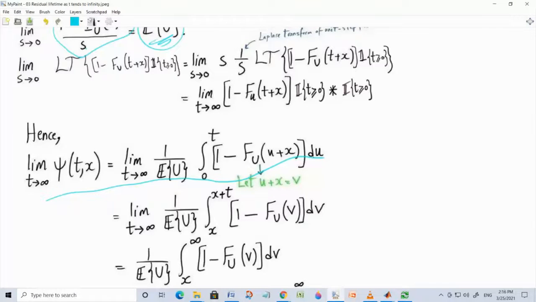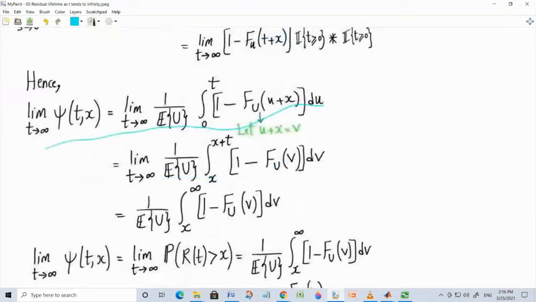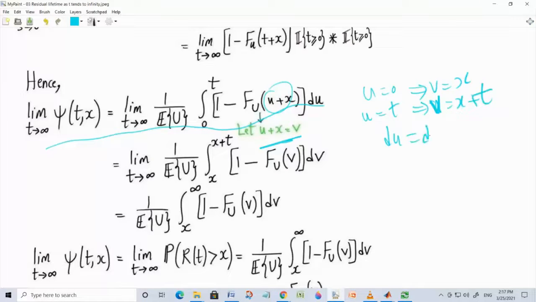Now the last thing is that you want to take the limit as t goes to infinity. Before doing that, we can do a change of variables. If you call u plus x equals v, then u is 0 means that v is equal to x, and if u is equal to t, then v is equal to x plus t, and du is equal to dv.